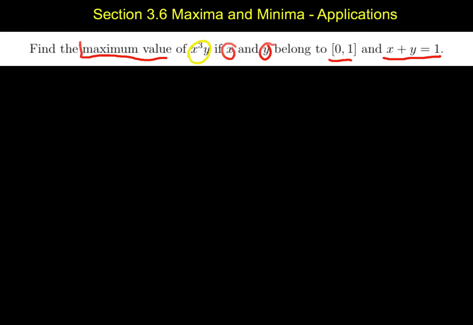Okay, so how do we go about setting up this problem? First off, let's write down what we want to do. We want to find the maximum value, and I'll give it a function name, f, and it's got two variables. So f(x, y) is equal to x cubed y. That's what we want to maximize. And we've got some constraints.